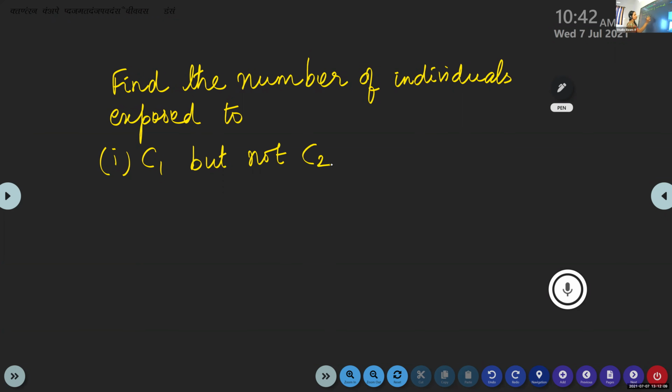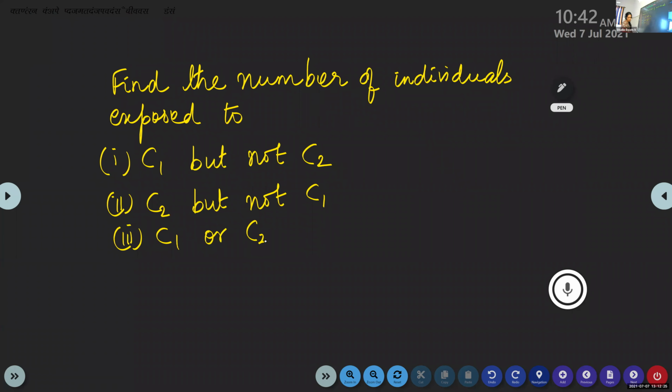Second one, C2 but not C1. Third one, C1 or C2. Read the question.